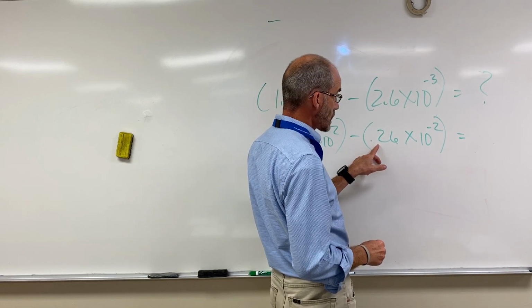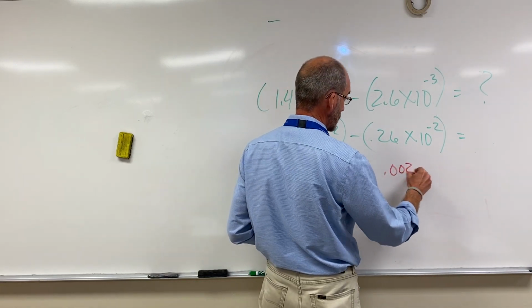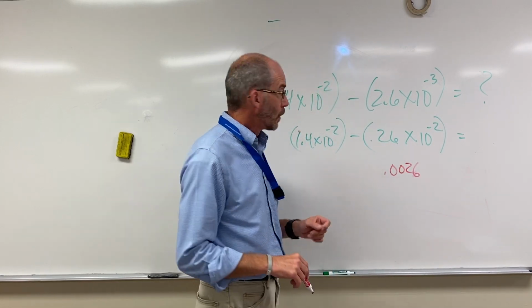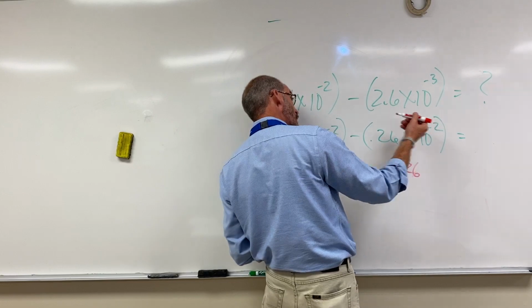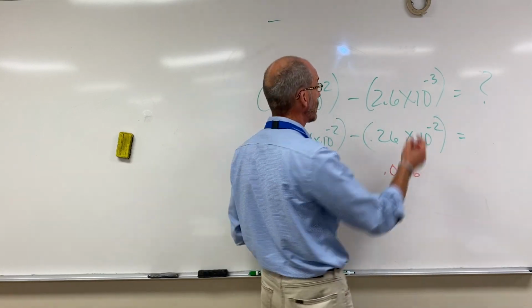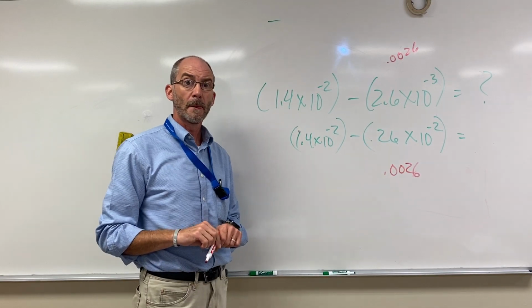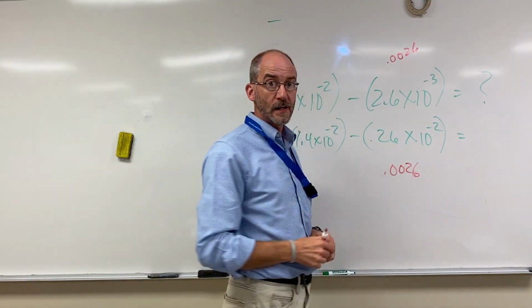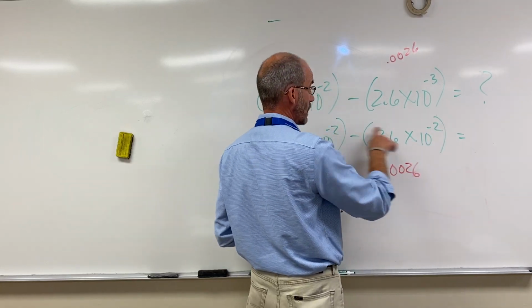If you take 0.26 and you move the decimal place 2 places to the left, you're going to have 0.0026, right? Well, that's the exact same thing you're going to have if you take 2.6 and move it 3 places. It's the same value, 0.0026.